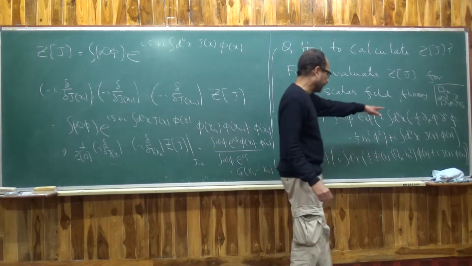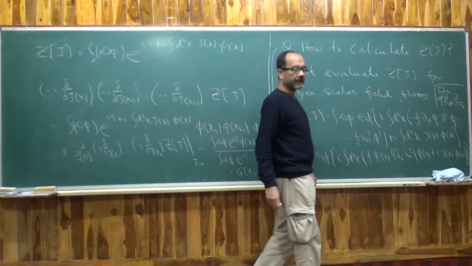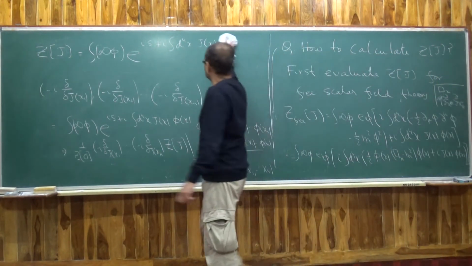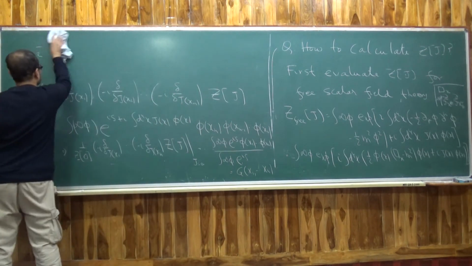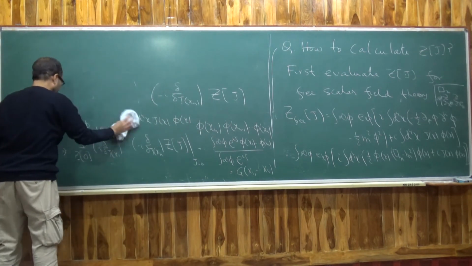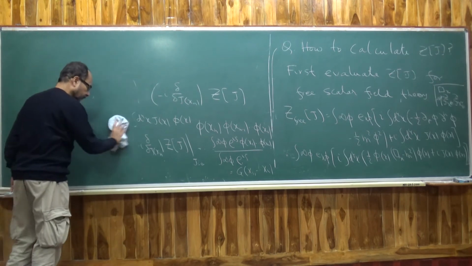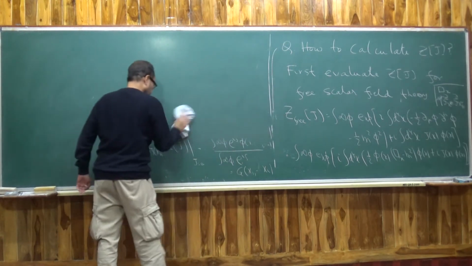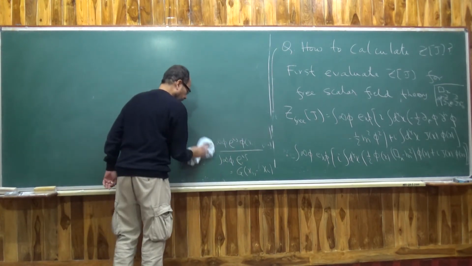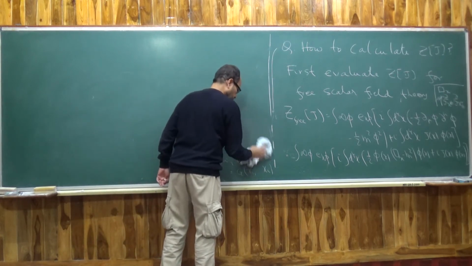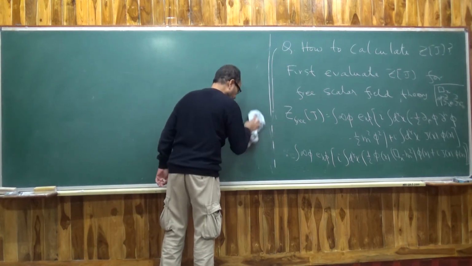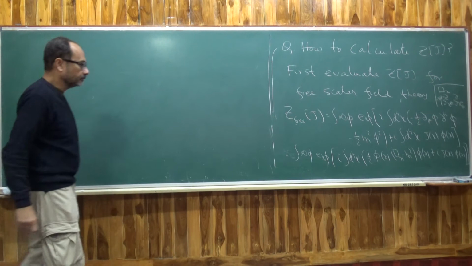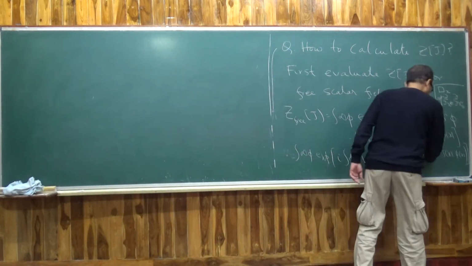The minus sign basically becomes plus because you integrate by parts. I guess there's no i inside that J of x. Yes, and the i will be outside.